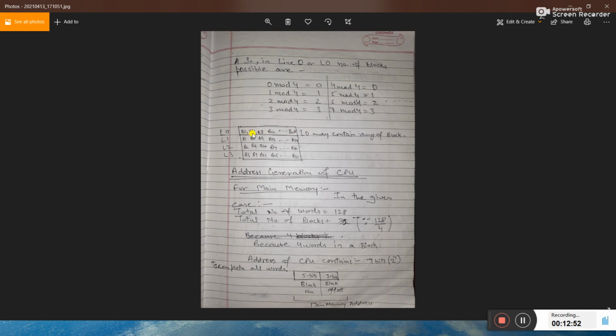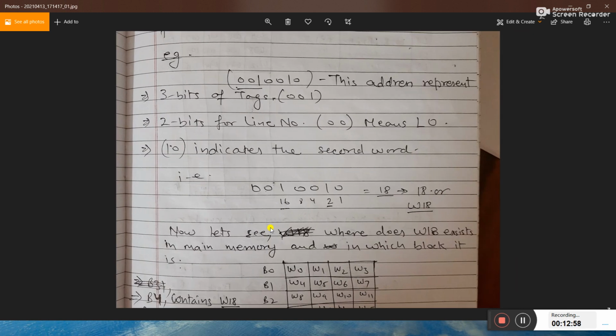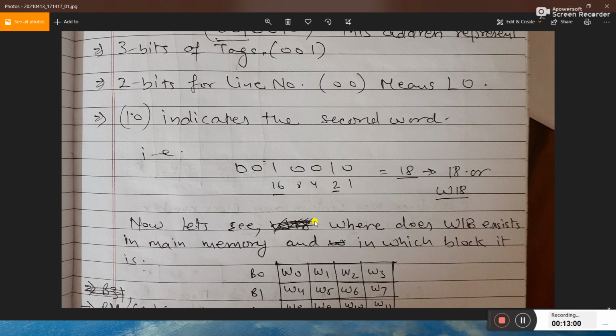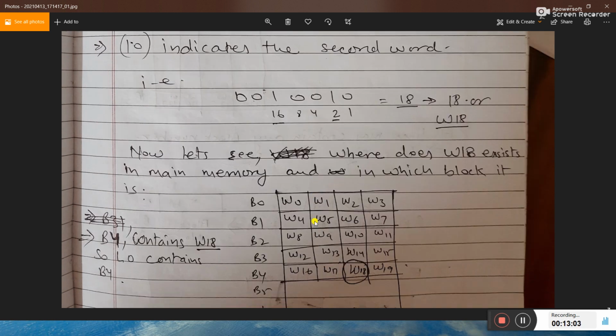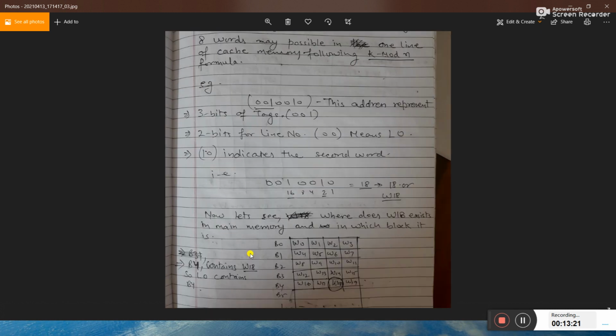So this word can exist here in line number 0. So word number 18 is required by the CPU, and this will exist in line number 0, which contains block number 4, right?